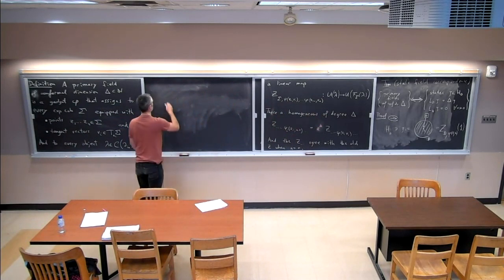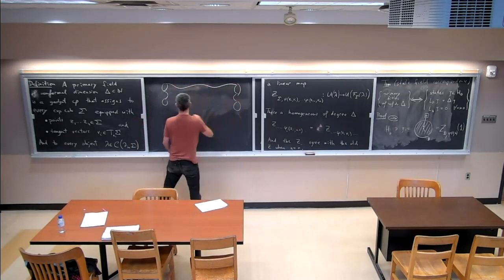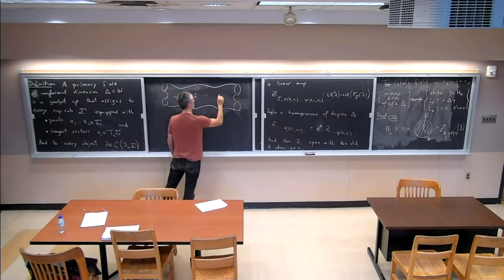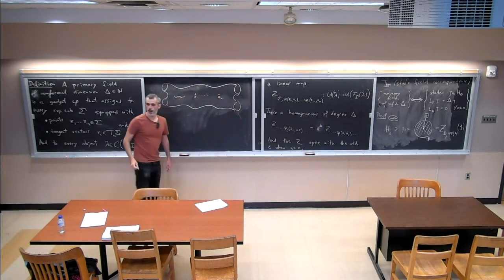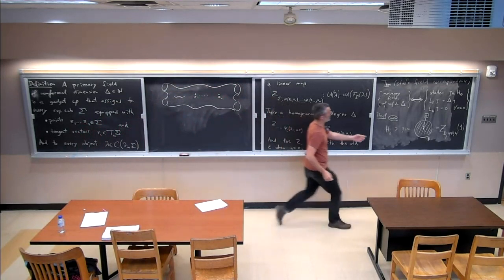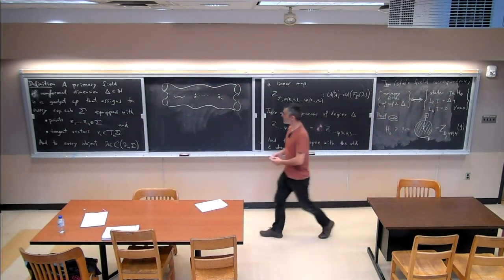Okay, so we have our surface. Here it is. It might have some genus, and it has a bunch of points, Z1 up to Zn. And I want to put the field phi, but I don't have phi. What I have is this vector, xc. So here's what you do.